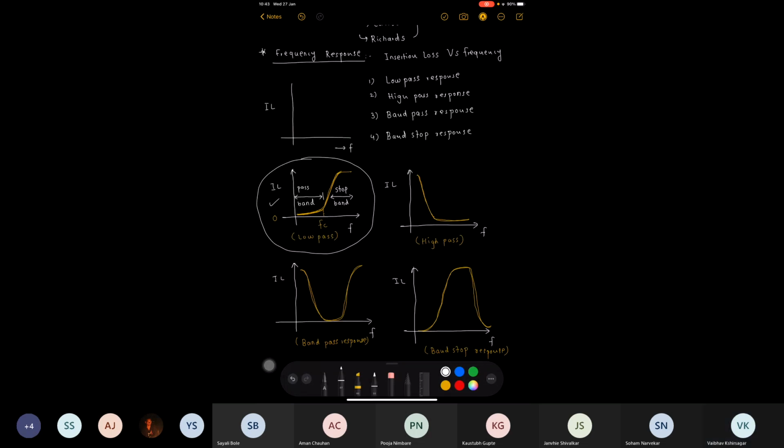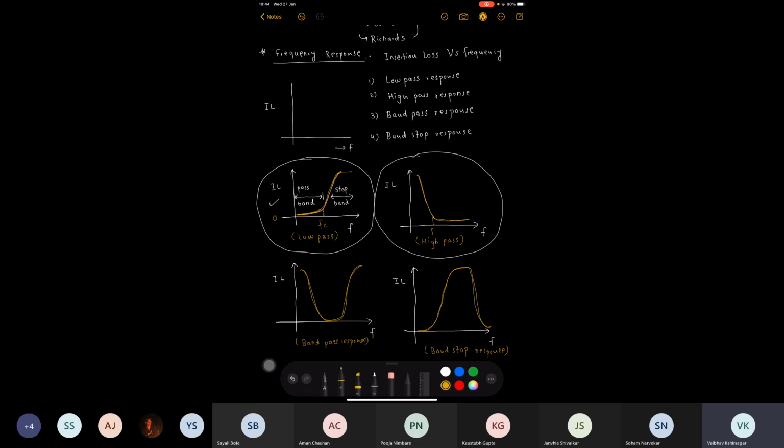Okay. Let us talk about the second image. This is the second image. Now what we see in the second image? In the second image, the first type of response is now reversed. Again we have a certain cutoff frequency, right?